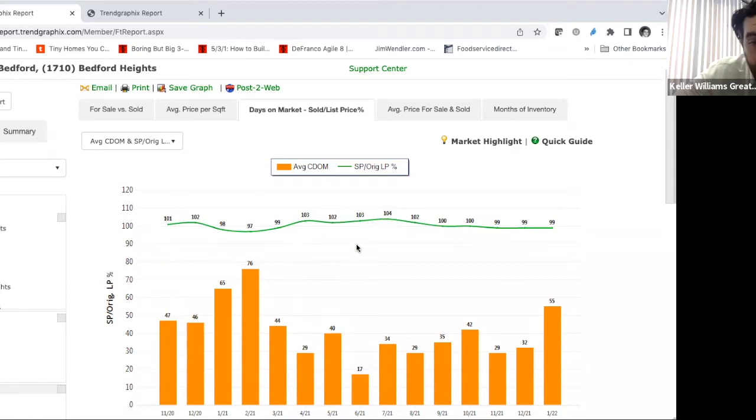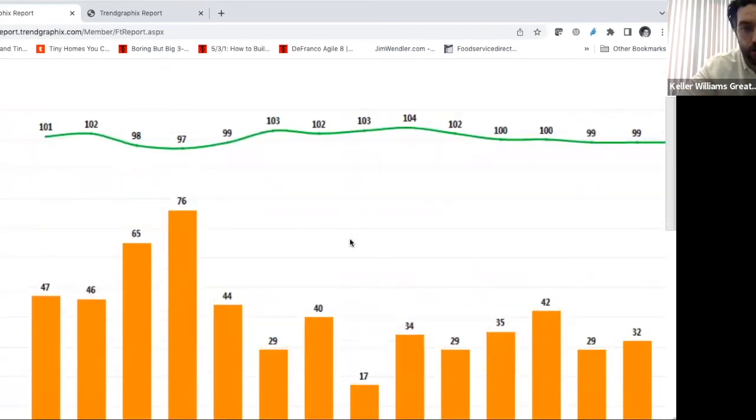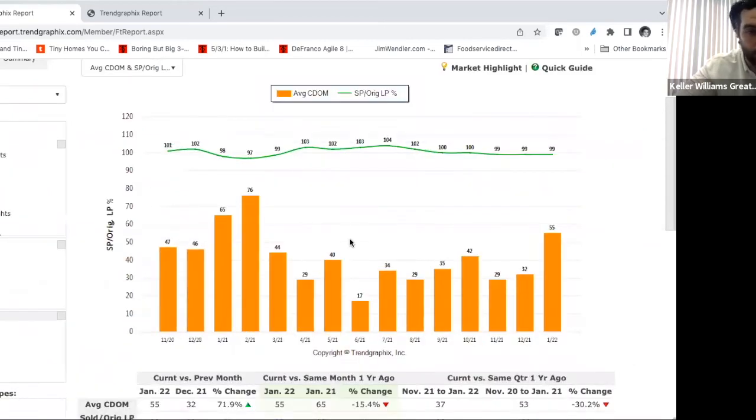But when it comes time in Bedford Heights this summer to buy a house, you better come well heeled, because the average sell price to list price ratio in that neighborhood was 104% of the list price, right? And so this provides a great deal of clarity around, you're not getting a deal.